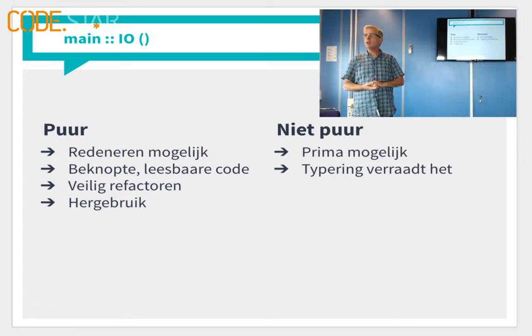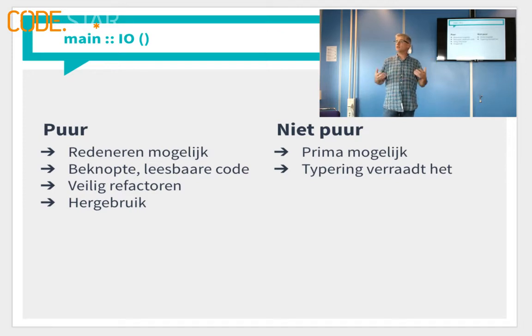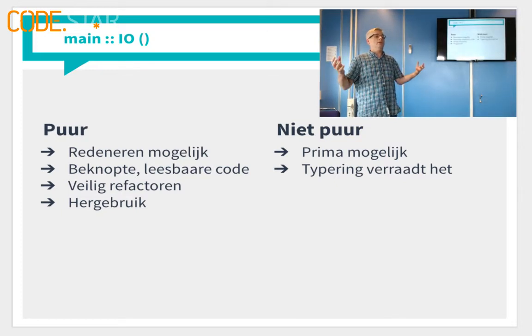Which is a very nice feature because pure code is code that's, well, of course, functional programming, the name says it, functions are first-class citizens of the language. So, everything is a function in Haskell.